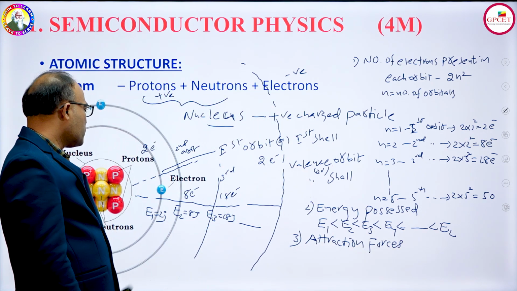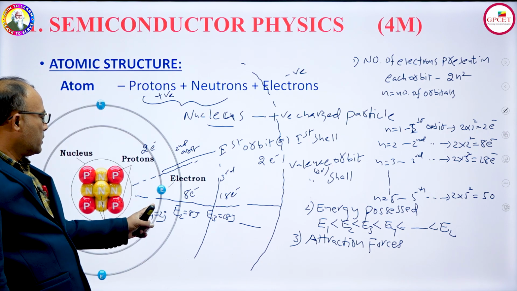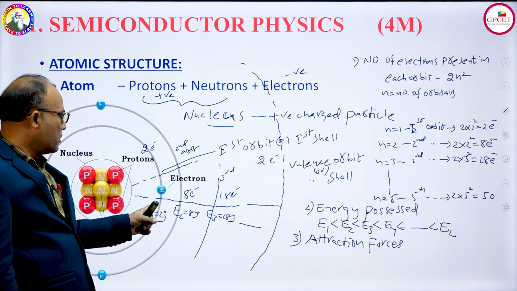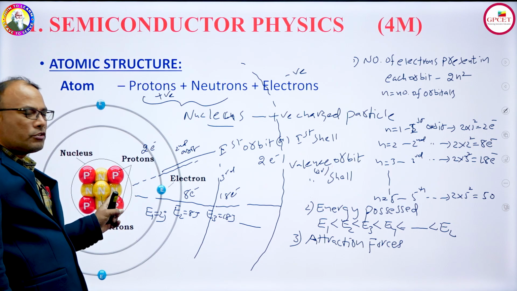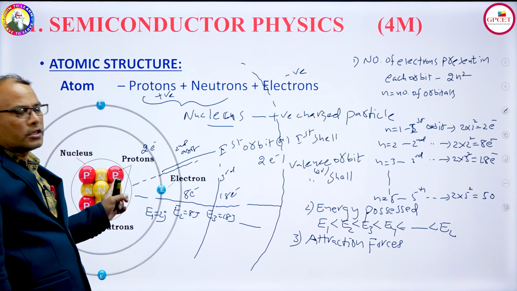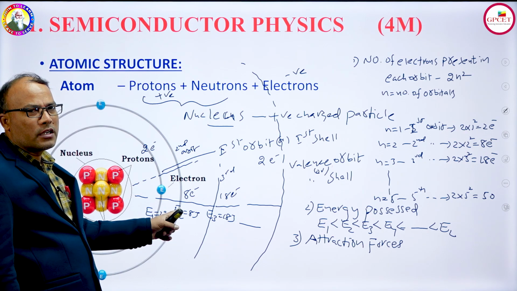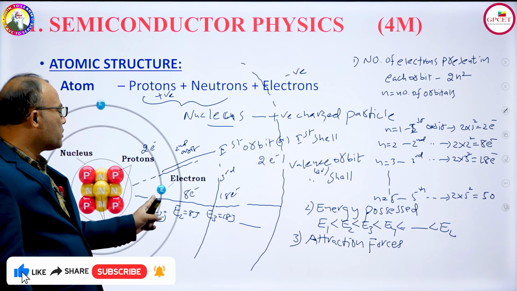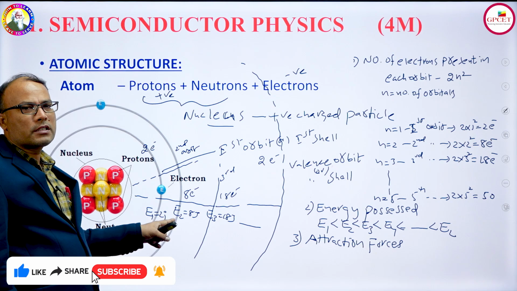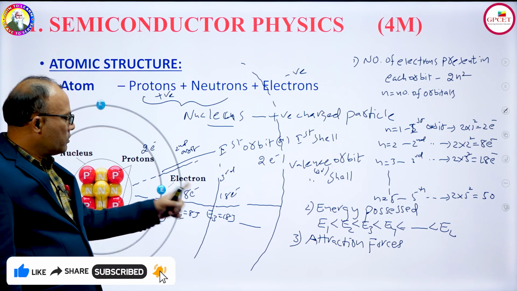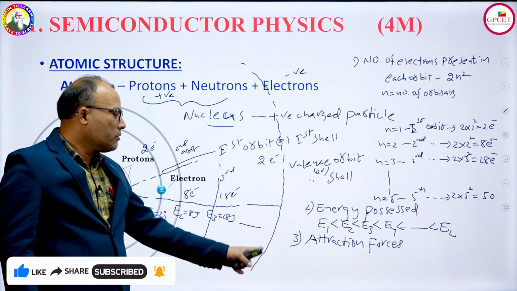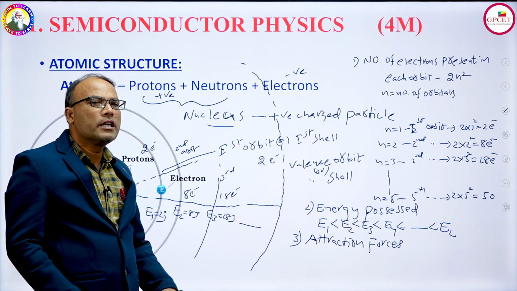What is the attraction force on them? If you consider this electron, it is more attracted towards the nucleus because it is very near to the nucleus. Consider the electrons revolving in the second orbit. They are loosely bound to the nucleus because they are farther away from the nucleus compared to the first orbit. Likewise, in the third orbit they are loosely bound. Likewise, in the last orbit they are completely loosely bound.